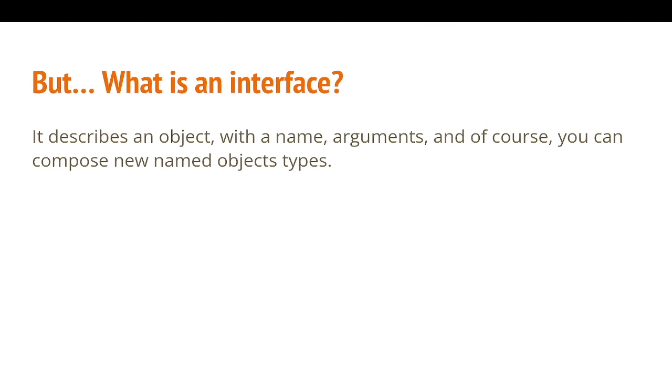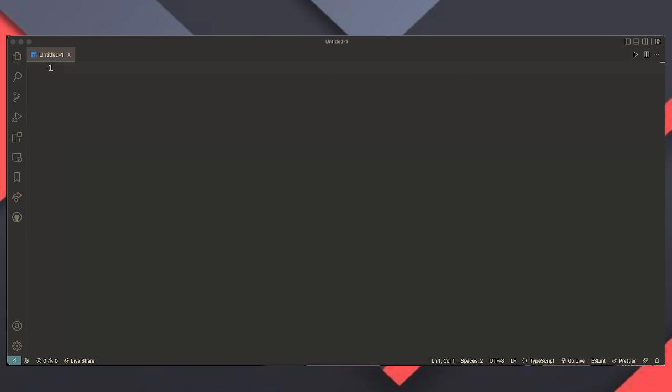An interface describes an object in which you can give a name and parameters, and you can also compose new named object types. For instance, we're going to look at an interface that defines two properties and a method for the employee object. If we go to our code editor here, let's define this interface that we call employee with the following properties.